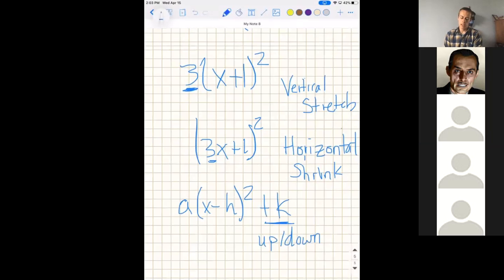This number on the inside, if it's subtraction, you're going to move to the right. If there's addition going on, you're going to move to the left. That's the big takeaway. This number out in front, let's not worry about this. We'll talk about it on Friday. This is your vertical stretch or shrink. That's your vertical aspect. That's the big idea.